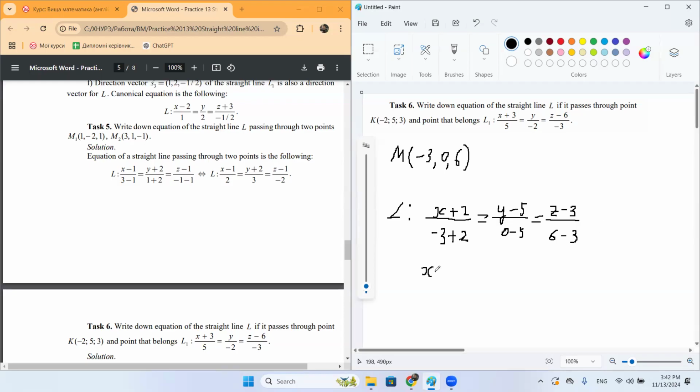So the canonical form: x plus 2 by minus 1 equals y minus 5 by minus 5, and it equals z minus 6, or z minus 3 by 3.